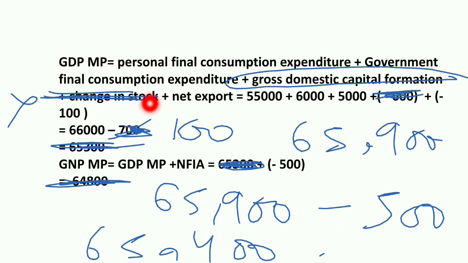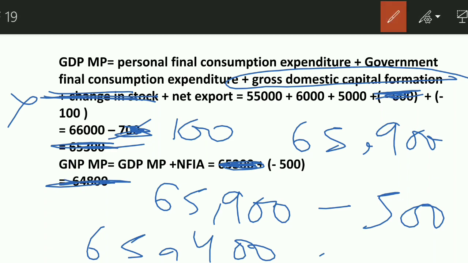They have mistakenly included change in stocks as well, but we should not make this mistake, because it will lead to overestimation of national income. So our answer was 65,900. Then in order to reach GNP at market price, we added NFIA, that is minus 500, to it. Then we got our answer as 65,400. I hope that this is clear to you. We added minus 500 to it.